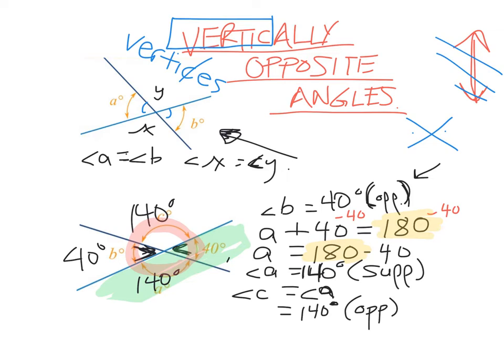I'm not saying 180, sorry. A plus 40, we've already established that B is 40, right? So A plus 40 plus 40, or you could say A plus 2 times 40.